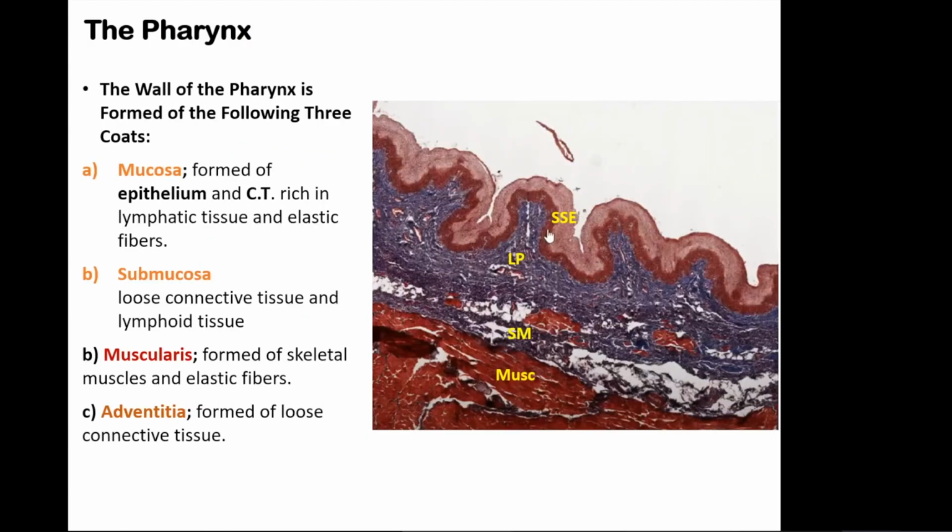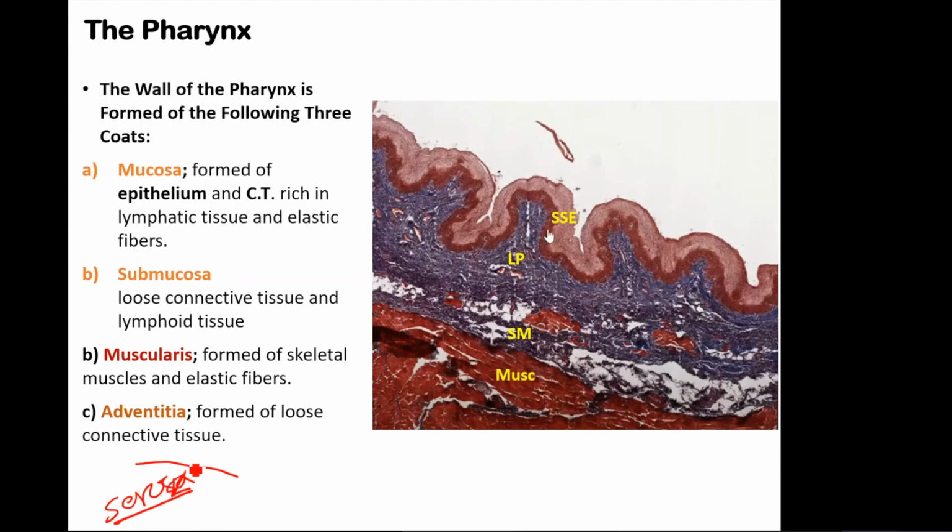As I mentioned earlier at the beginning of the lecture, we have four major layers: mucosa, submucosa, muscularis, and adventitia. Adventitia can be adventitia or can be serosa. It depends. If you are under the diaphragm, in the abdominal cavity, you have peritoneum and serosa.